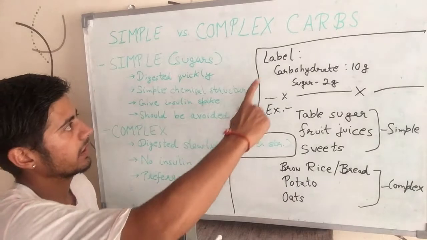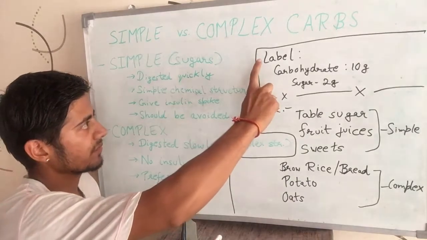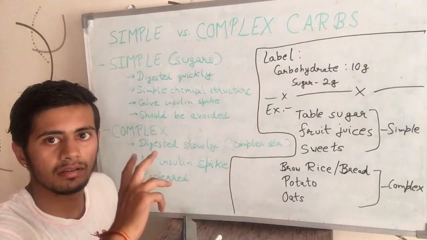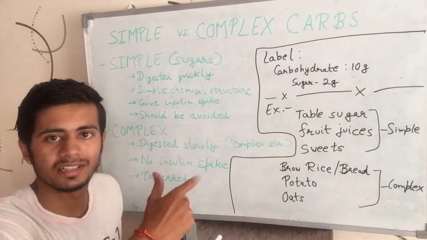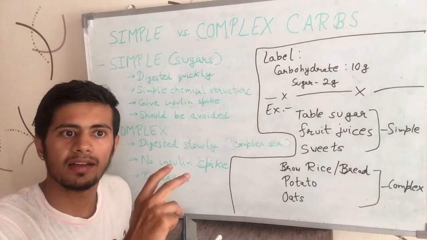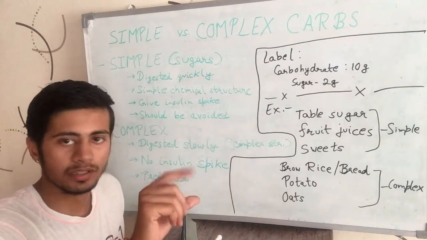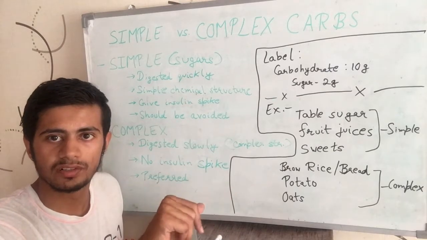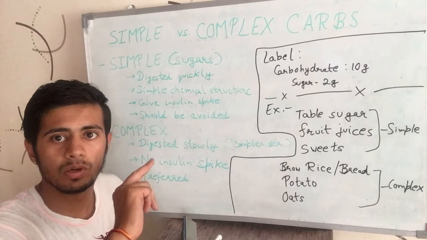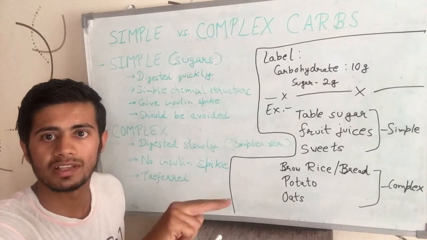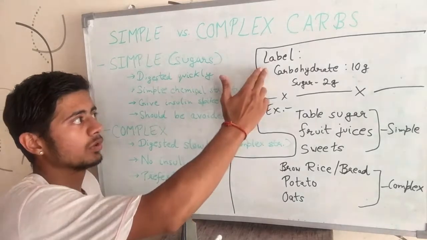So I'll try to give you a real life example on how to understand this. If you buy something from a store, it has nutrition information. There they tell you how much protein, X amount of protein, Y amount of fats, and then Z amount of carbohydrates.